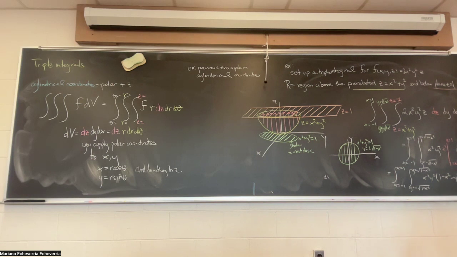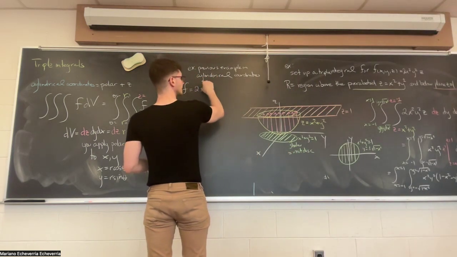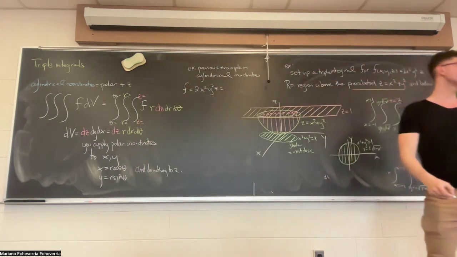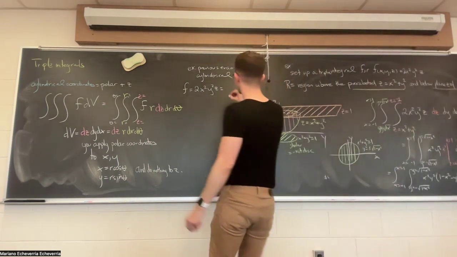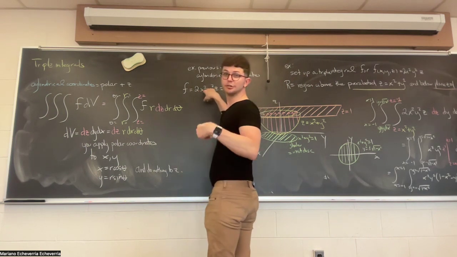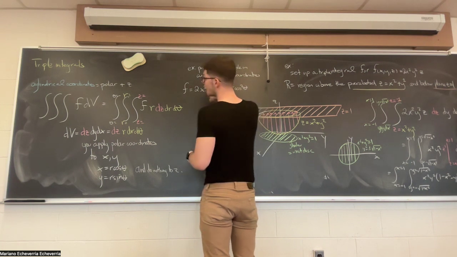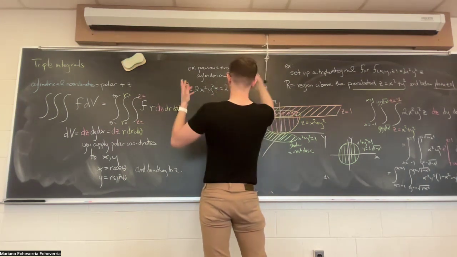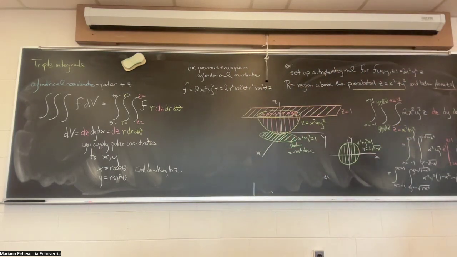The function f was 2x squared y squared z, and doing this in cylindrical just means applying polar to x and y. If you remember how polar works, x squared becomes r squared cosine squared of theta, right? Y squared becomes r squared sine squared of theta, right? And z is just z. There's nothing you do there.